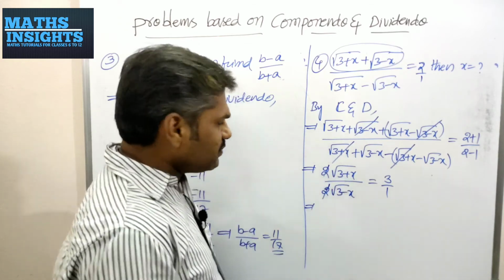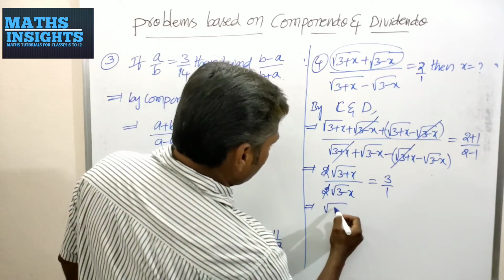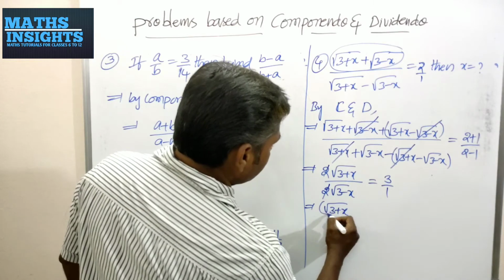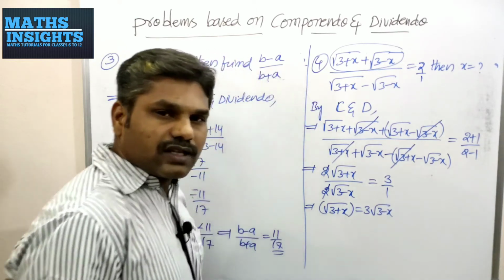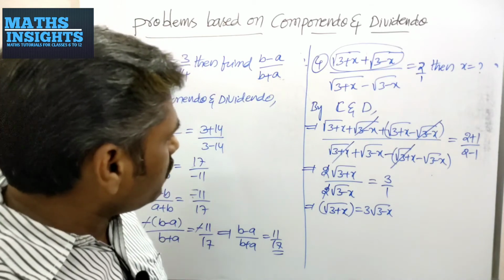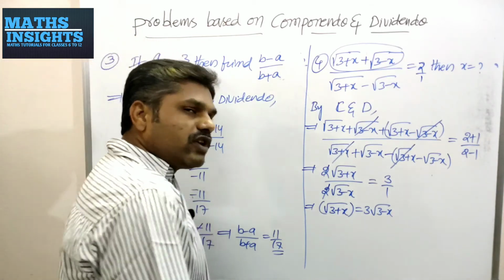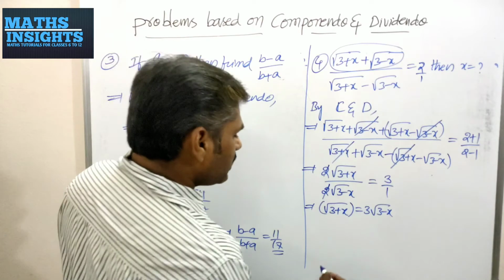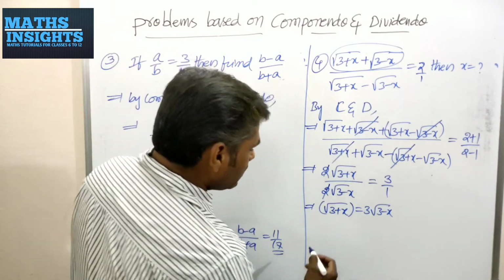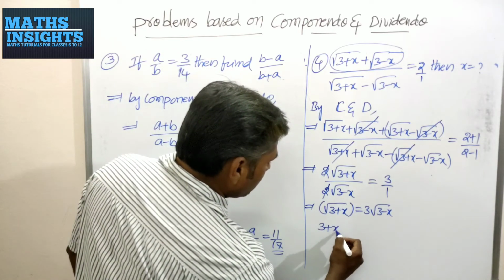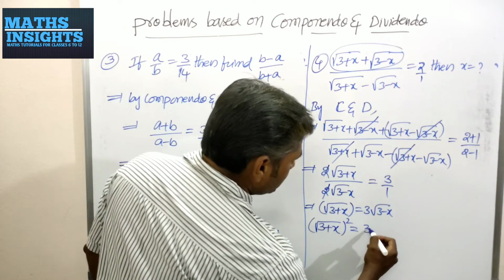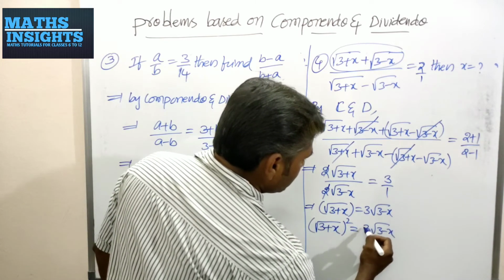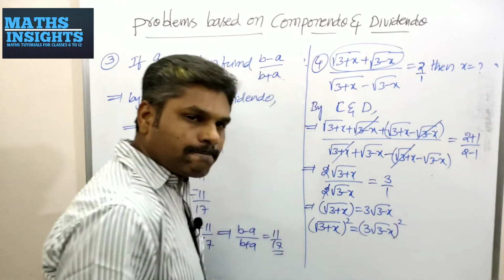Now doing cross multiplication, it will become root of 3 plus x is equal to 3 into root of 3 minus x, okay. Squaring on both sides, if you want to remove the square root, then you have to square it on both sides, therefore it will become 3 plus x equal to 3 into square root of 3 minus x whole square.